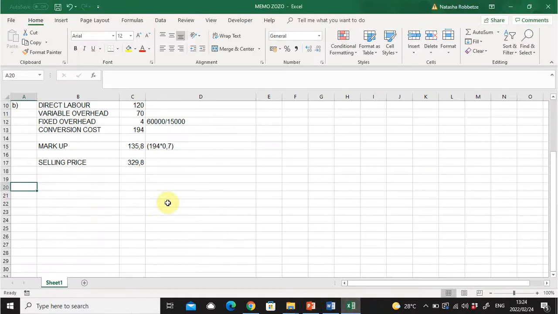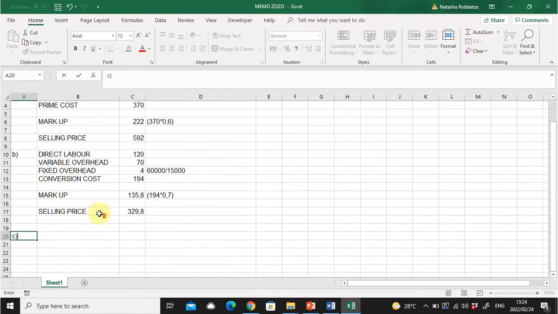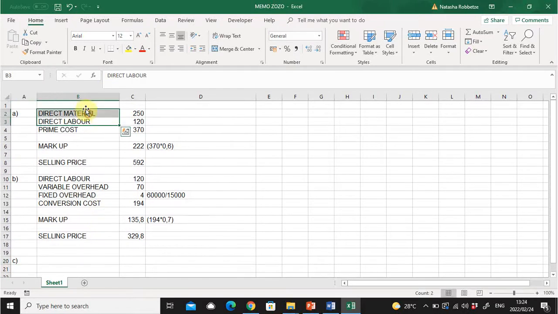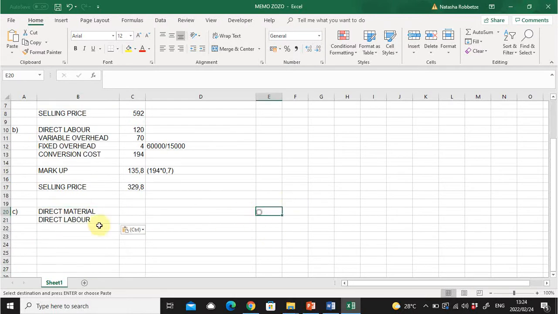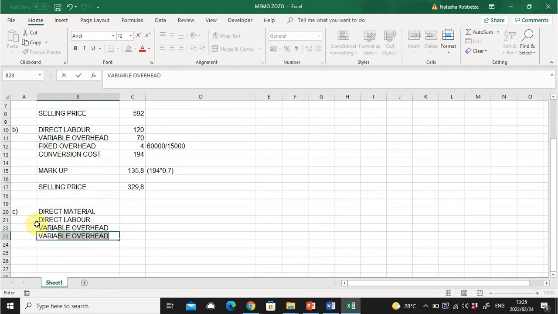Okie dokie. So for number C, I am just going to be lazy and I'm going to copy the words I've already typed. So we need direct material, we need direct labor, we need our variable overheads that are manufacturing in nature, and then we also need our variable selling and admin.